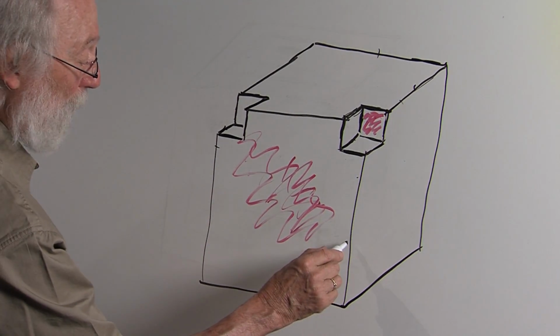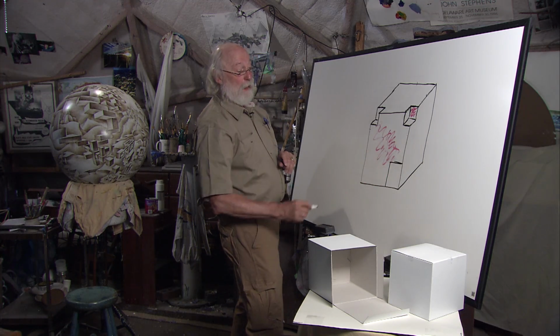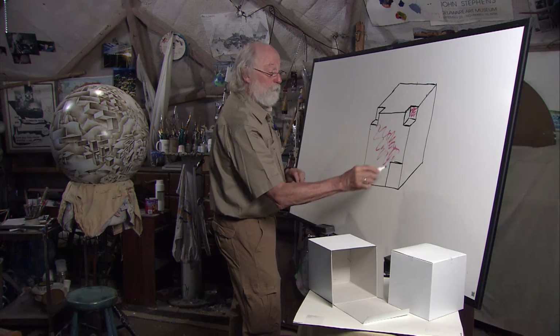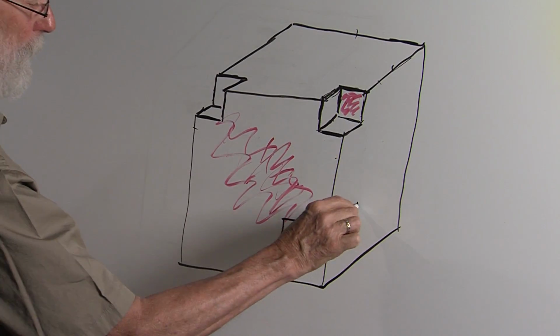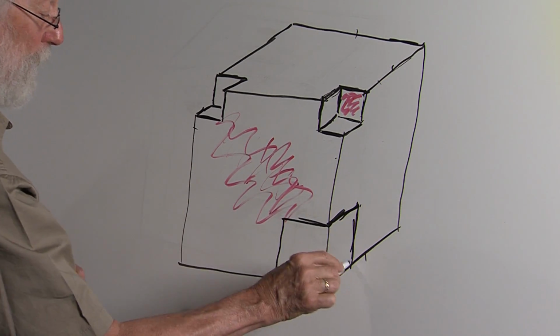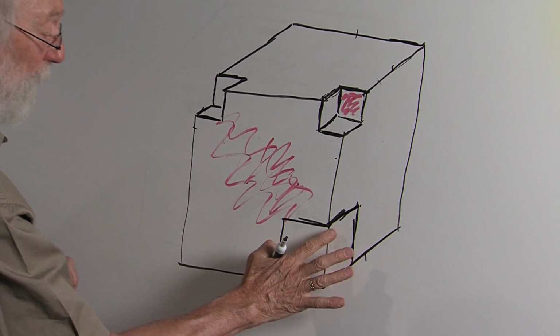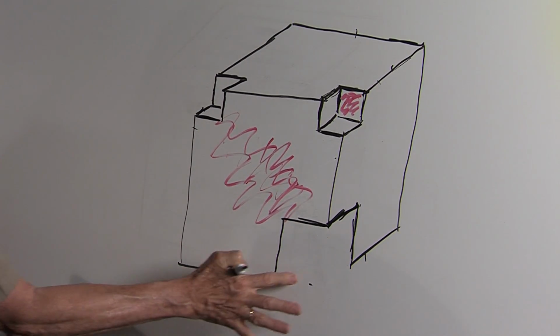Let's remove a big one from here. Okay, it's going to come like that, which echoes this shape, goes back in space. Now we're dealing with this shape, so that's parallel to this line, straight down, like so. And let's just remove this cube now. Get rid of these lines.